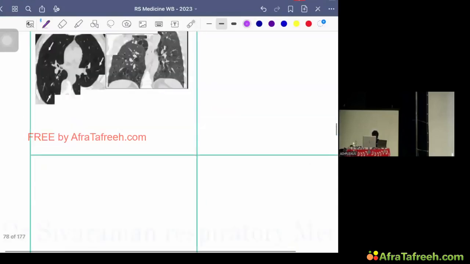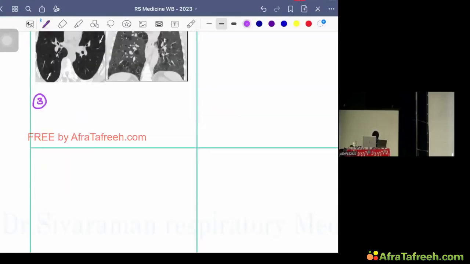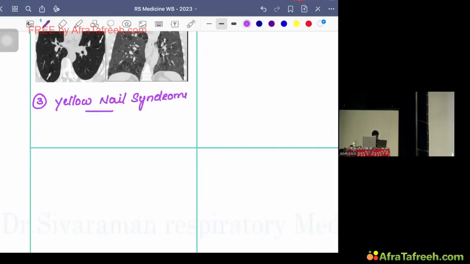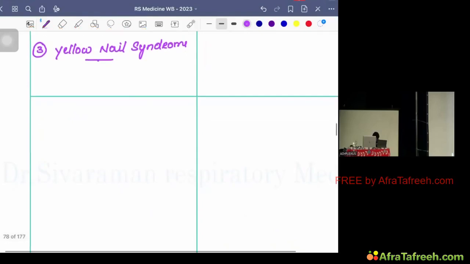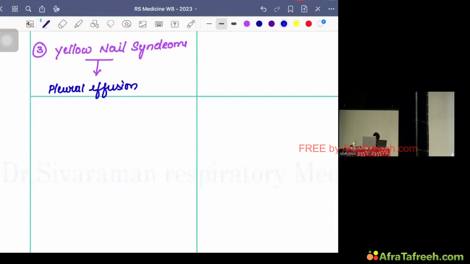Okay, so third condition is going to be yellow nail syndrome. Okay, yellow nail syndrome. So yellow nail syndrome is a condition which is characterized by pleural effusions. So this is a constellation of events.